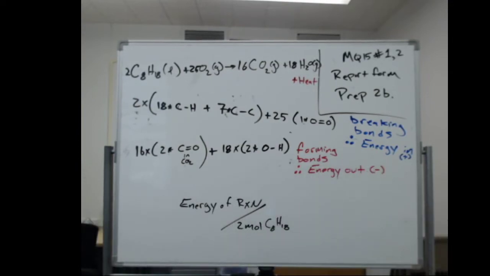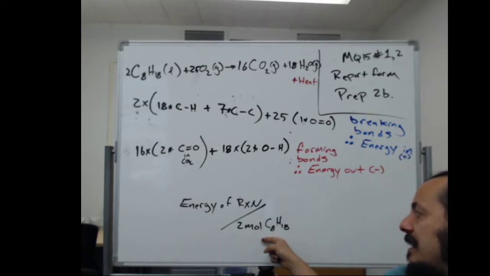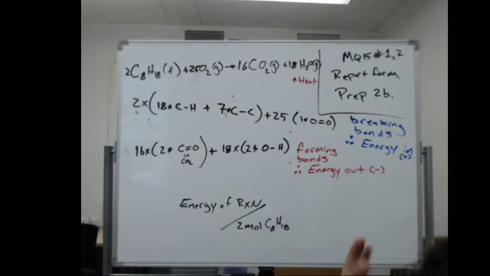So that's question 1. You need to table the bond enthalpies. It's asking for the energy, and then it asks for a specific number of moles. So you know you're going to do 2 moles C8H18 times 1.45 moles or whatever number you have. Question 2. Kylie, did that help you out as well? I'm trying to figure out how you get from Kyle, sorry.